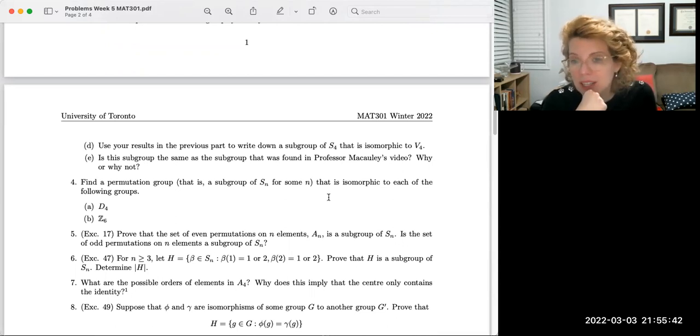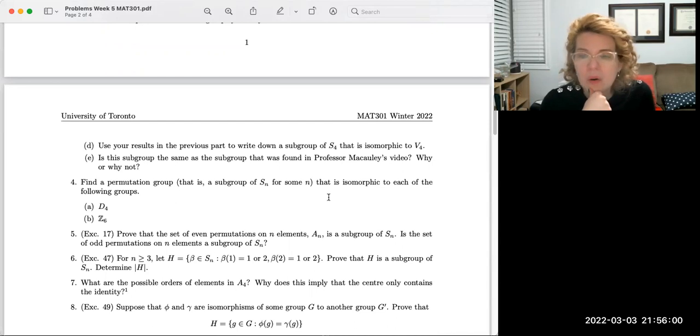And we know that a 2-cycle alone is odd, but a 2-cycle times another 2-cycle is even.